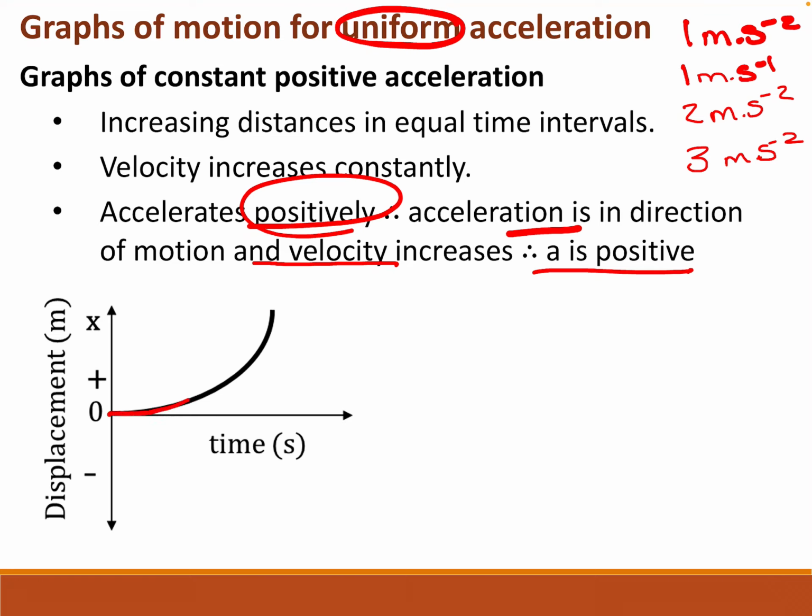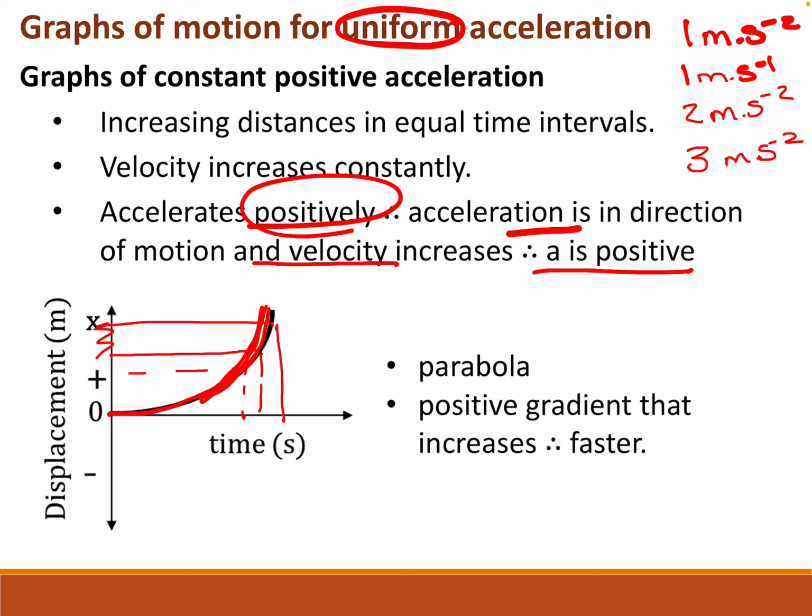But it's a curve because every second it must cover a bigger distance. It must be bigger here because it's getting faster. Okay, it's a parabola. You don't need to worry about being able to do the equation of a parabola. It's not going to get asked. It's a positive gradient which increases. This gradient's getting steeper and steeper and steeper. Why? Because it's getting faster.